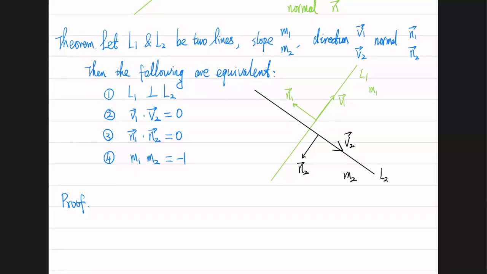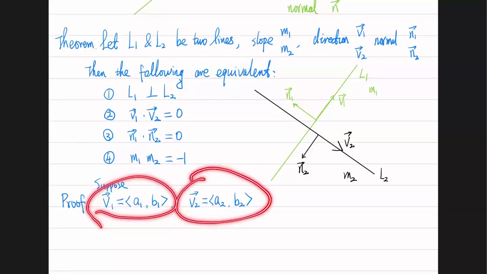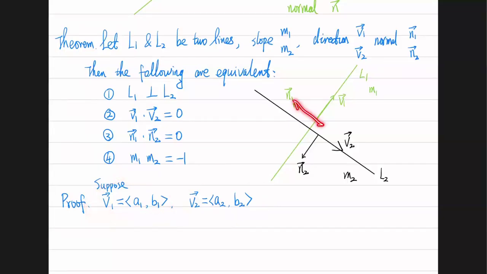To start the proof, let's assume V1. Given the directions, we need to find the normal vector. How to find N1?